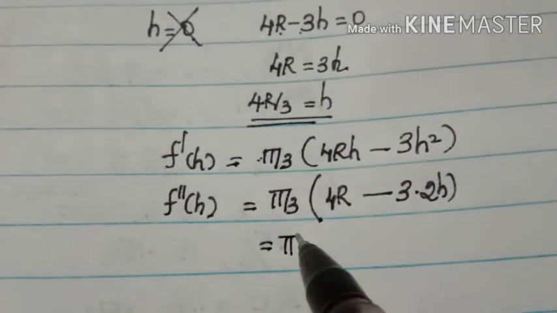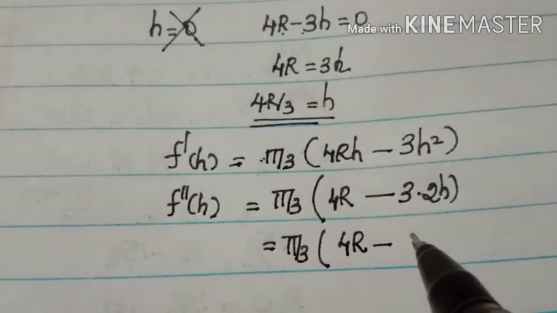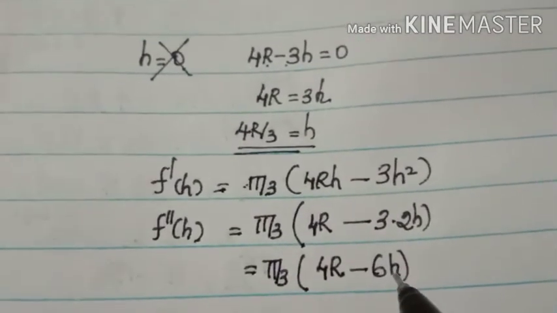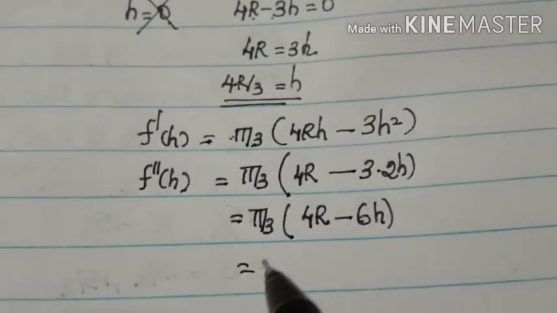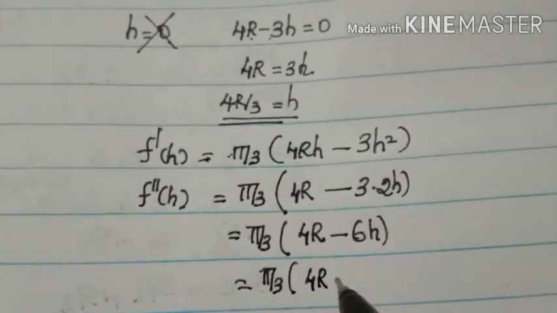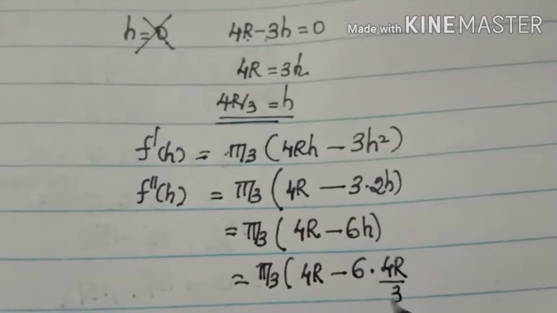On simplification you can see it is equal to pi by 3 into 4r minus 6h. Now put the value of h here. So this becomes pi by 3 into 4r minus 6 into 4r by 3.